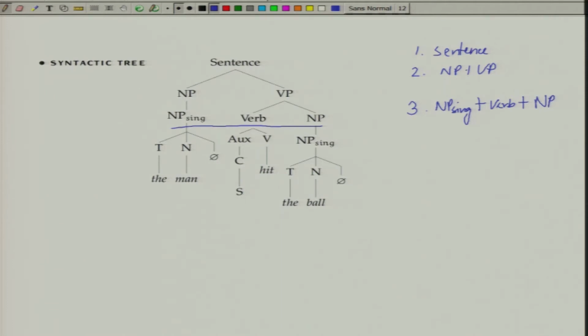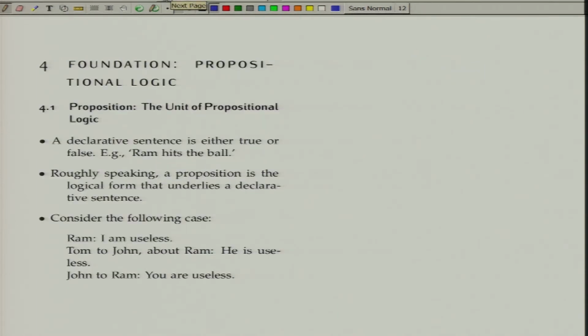So either we could do it this way, or we can derive it by using the tree structure. Both are fine and they're equivalent. So we don't have any problem as far as this duality is concerned, this double derivation is concerned. Basically they're equivalent derivations. So then we shall go to the next segment, that is propositional logic.